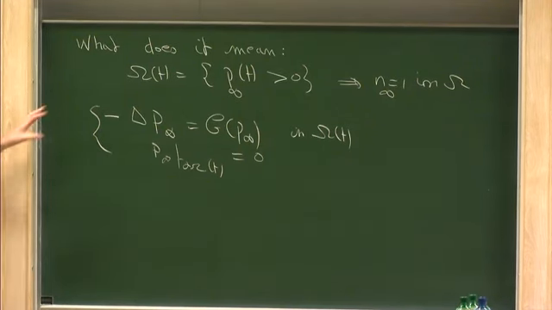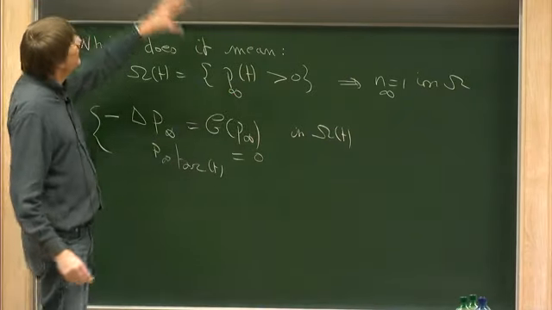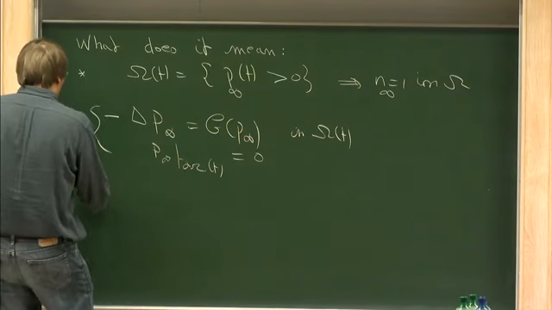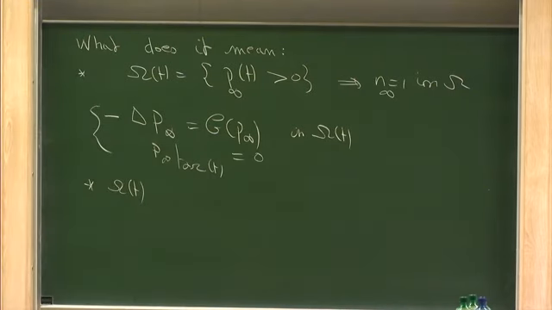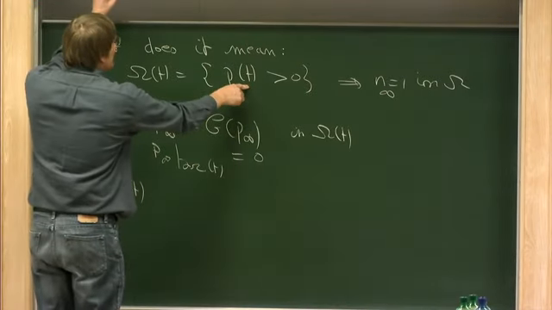So there is a set where the pressure is positive, where you have an elliptic equation, because you take n equal 1. And if you are outside of omega, so if you are in the complementary of omega, now the pressure is 0.